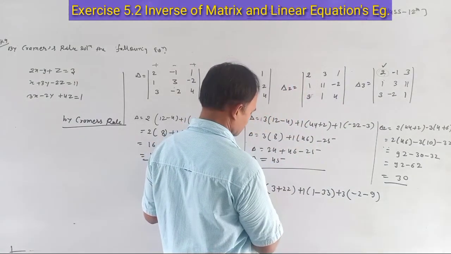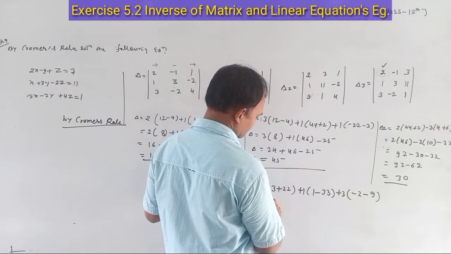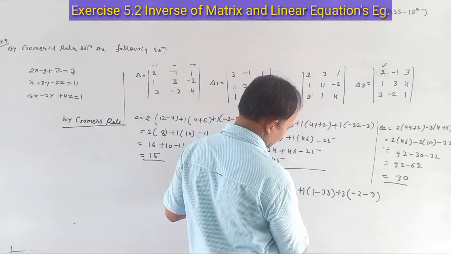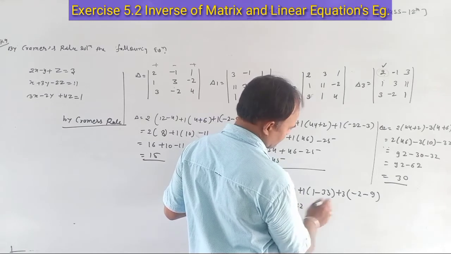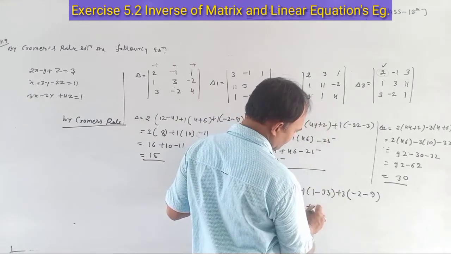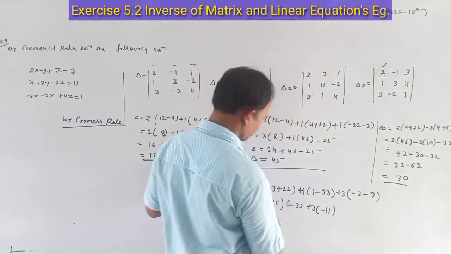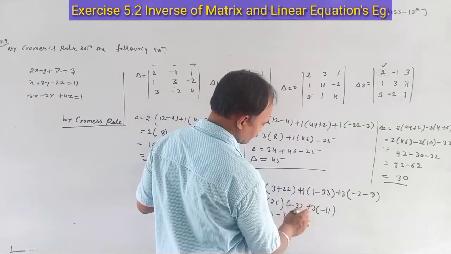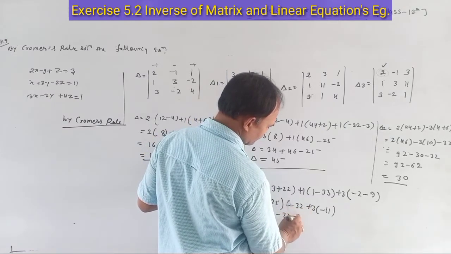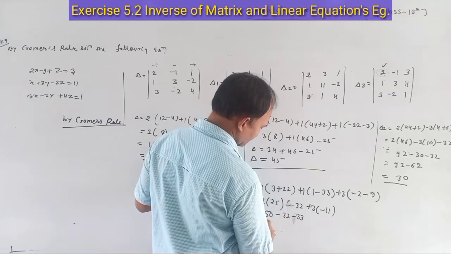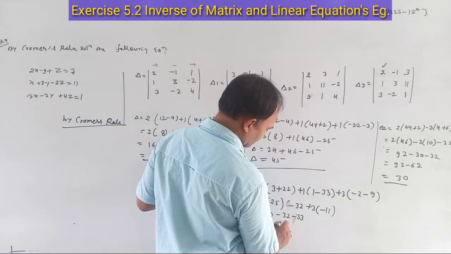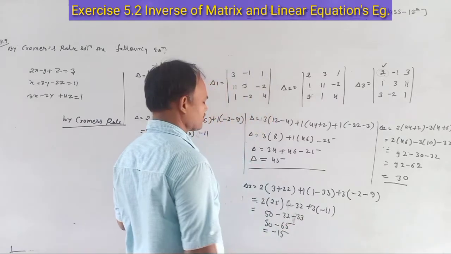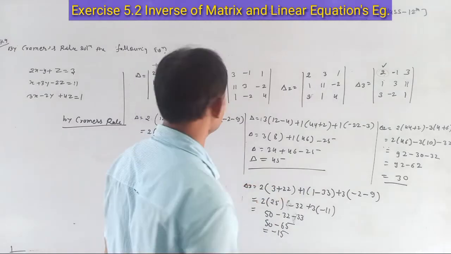So it is 50 minus 32 minus 33, so 50 minus 65, which is minus 15. Okay students, so these are the values of delta 1, delta 2, delta 3.